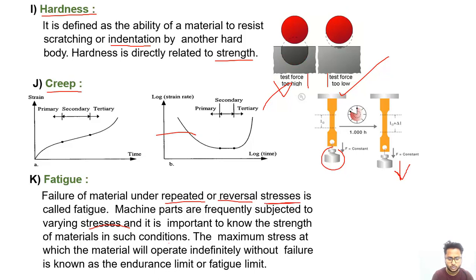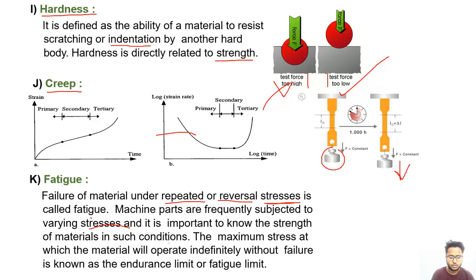Right now we just correlate stress with load. If repeated or reversal loads are applied on machine components, they will fail much earlier than in static condition. The material will fail, but in that case the strength of the material will decrease.